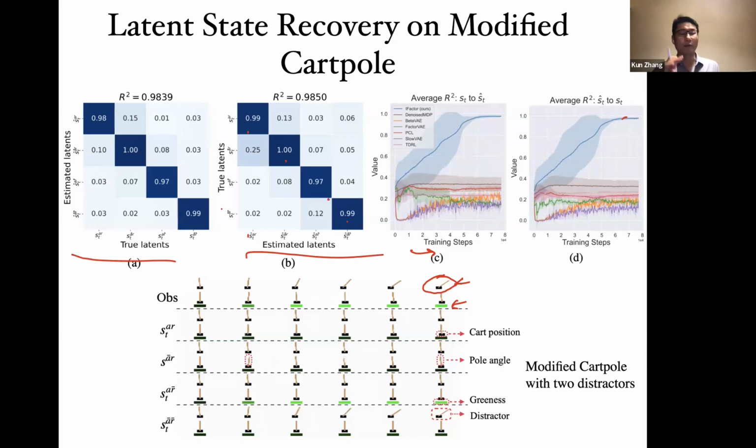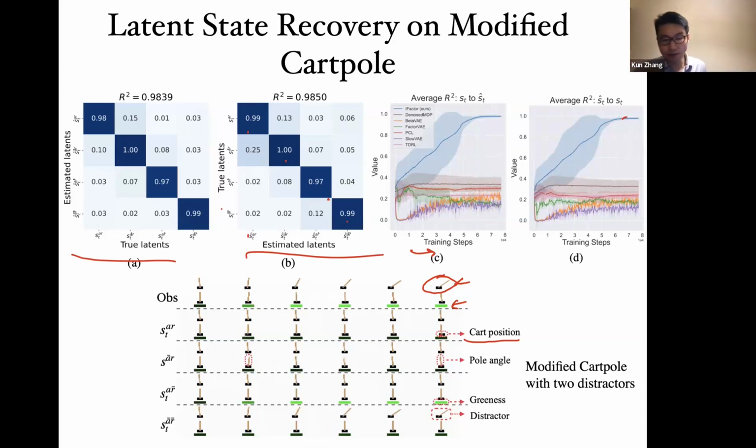The R square is almost 1. So at the bottom, you can see right here, if you see the video, this corresponds to the pivot position, basically the cart position, the position of the pivot point.